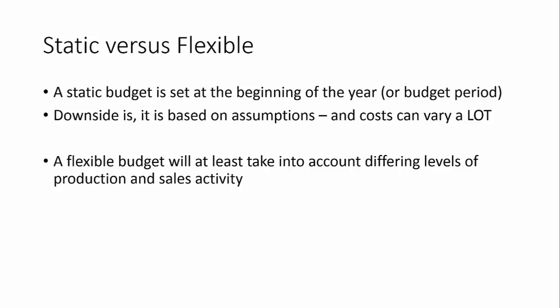However, as we all know, things can happen, economies can sour, or economies can go robust all of a sudden, and all your assumptions can be vastly different in actuality. So you can have these huge variances that really don't have a bearing on anything other than an assumption was wrong from the beginning of your budgeting process.